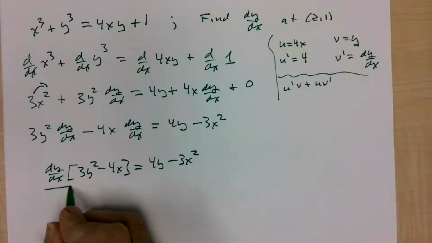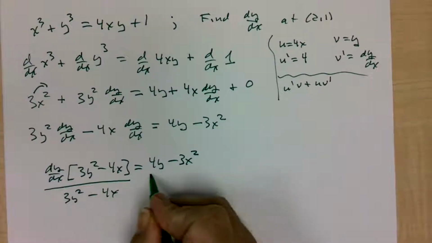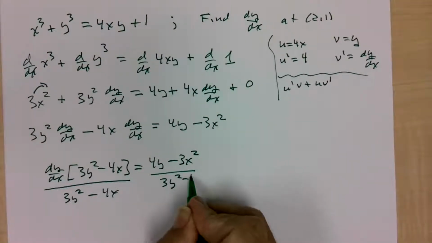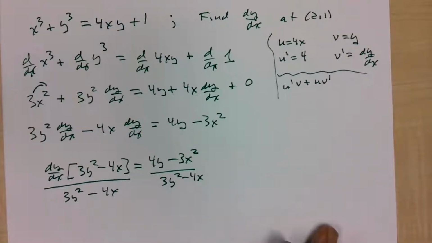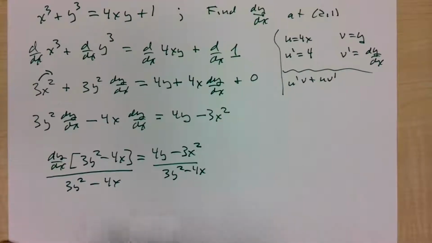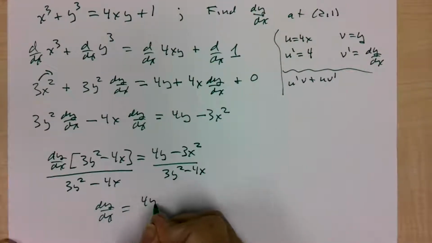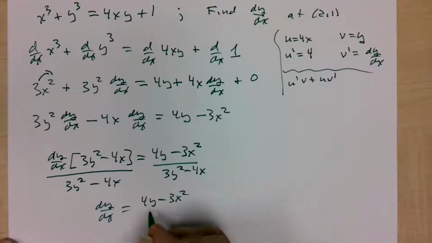Then divide both sides by the 3y squared minus 4x. And we have a simplified version for dy dx. dy dx is 4y minus 3x squared over 3y squared minus 4x.